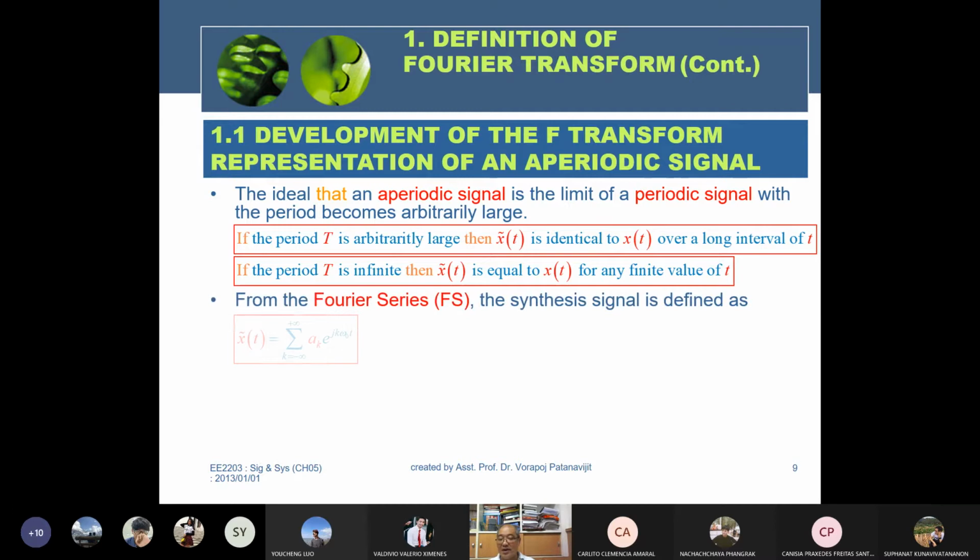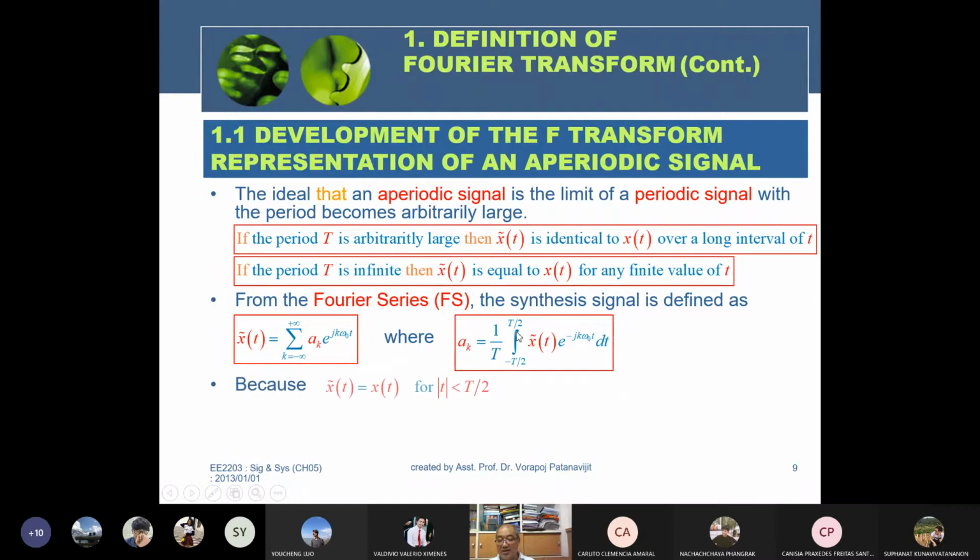From the Fourier series, the synthesis equation can be defined here, x(t) in the form of the Fourier series coefficients. Therefore, a_k we can determine by integrating over one period of the signal.